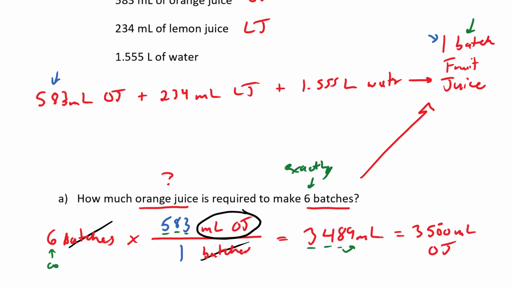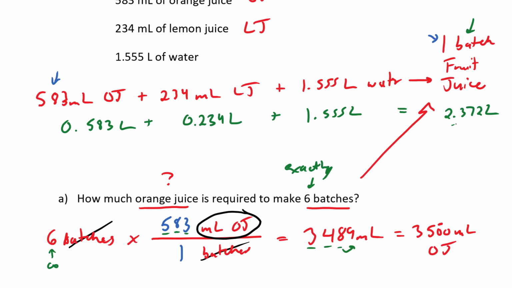Well, you have to calculate the final volume. Let's convert this over to liters, convert this over to liters. This one is already in liters. We add those up, and we get 2.372 liters. So you can see with this particular question, we had to add up the volumes of all my ingredients to determine what the final volume was of my fruit juice.